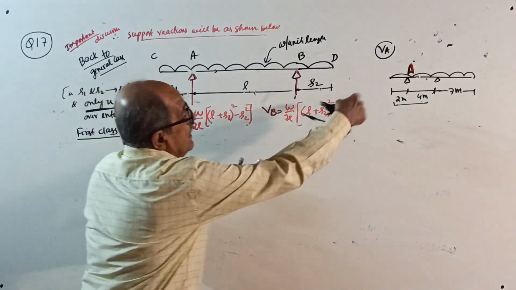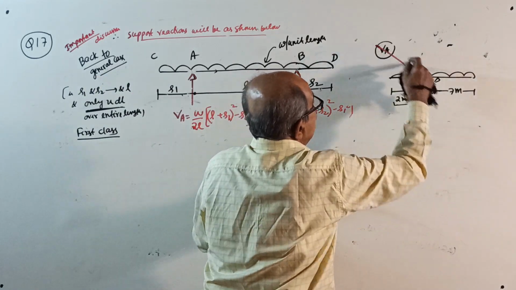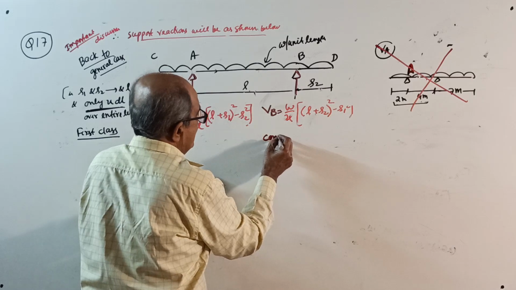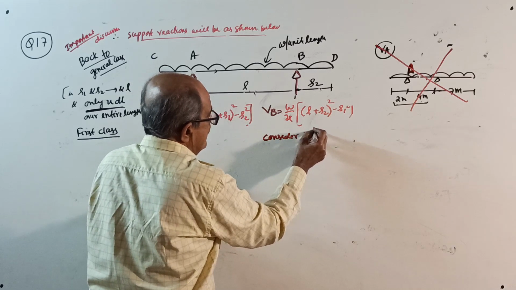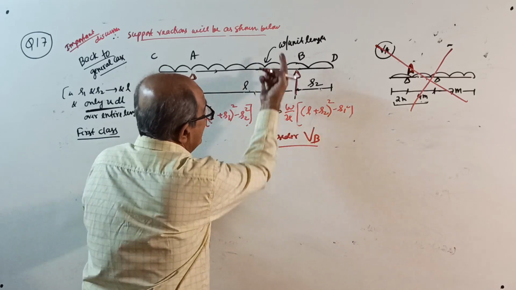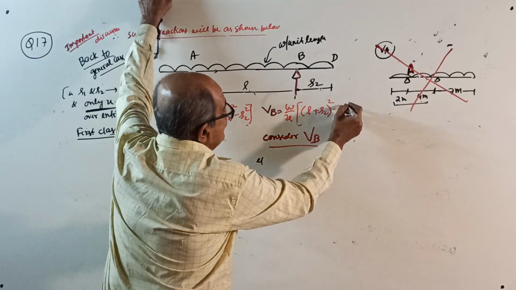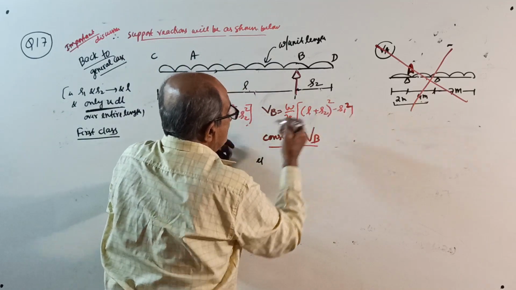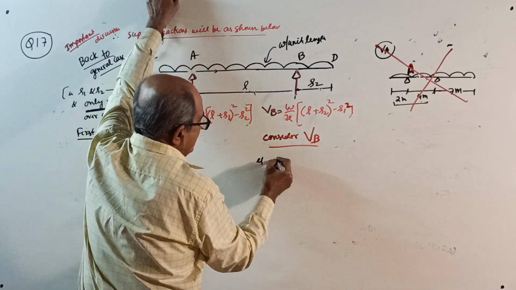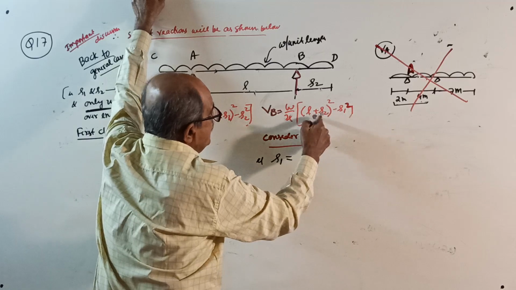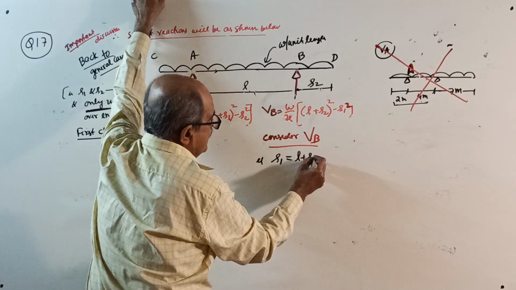Now, this diagram is gone. Okay, this is already over. VA is already over. Okay, now consider VB. VB in the upward direction. See, right here. If S1 square, this overhang, S1 is equal to L plus S2.